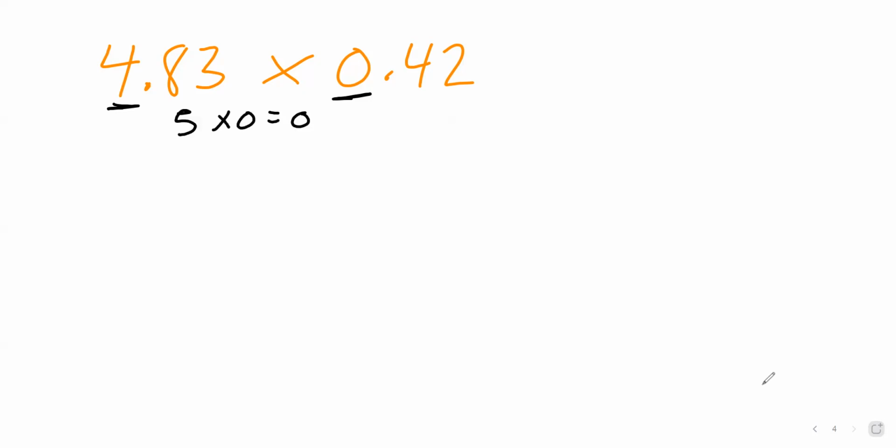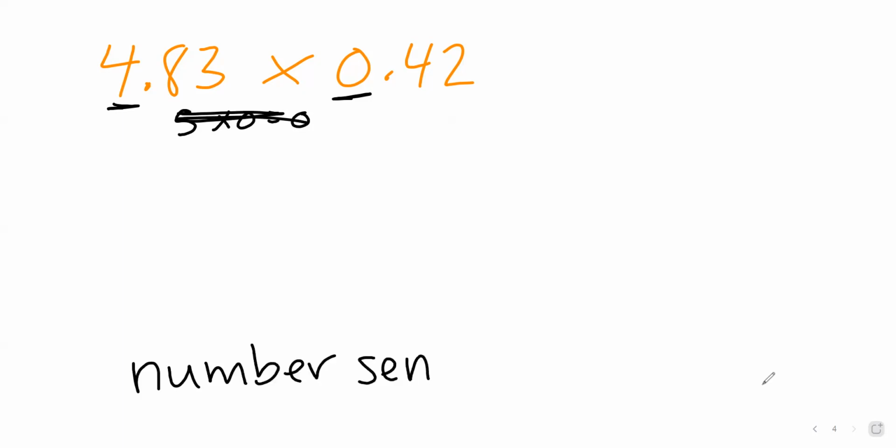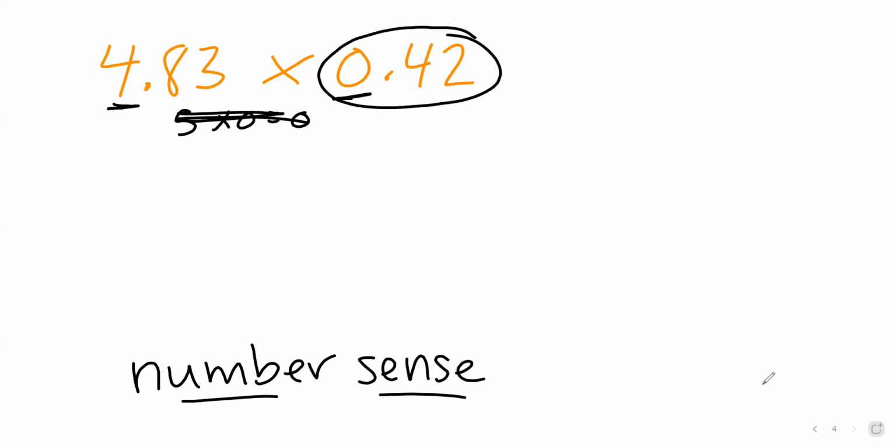So estimation doesn't work in this scenario, but what does work is number sense. So this is what we're talking about here with number sense. And the number sense states this, is that I know that since this is less than 1, then my answer is actually going to be less than 4 8300ths.